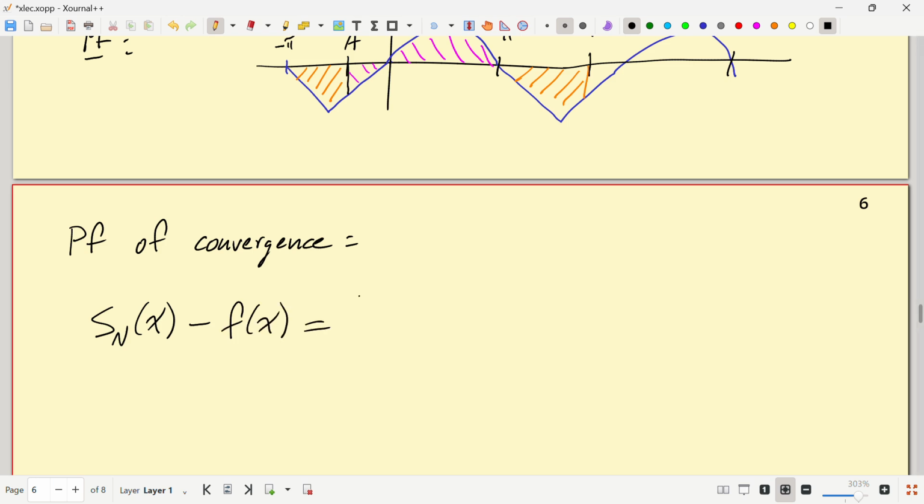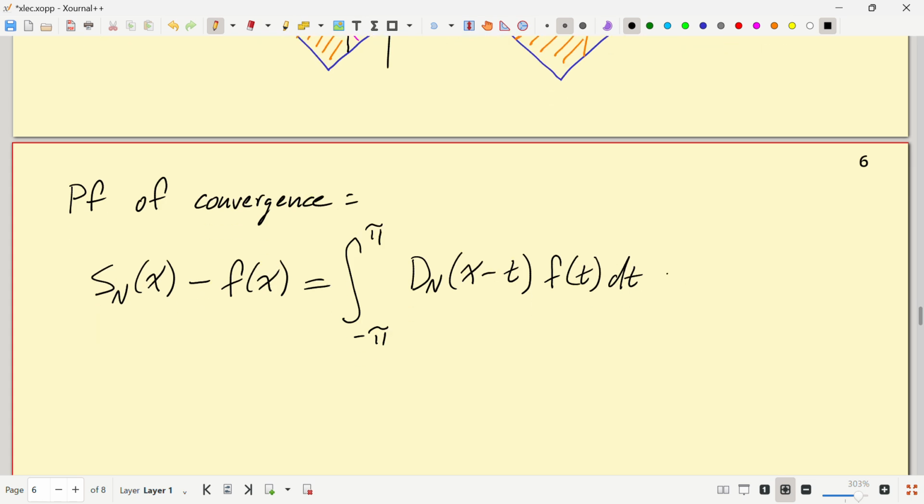The Sn of x was the integral from minus pi to pi of the Dirichlet kernel of x minus t times f of t dt. And remember, the integral of the Dirichlet kernel is 1, minus f of x.